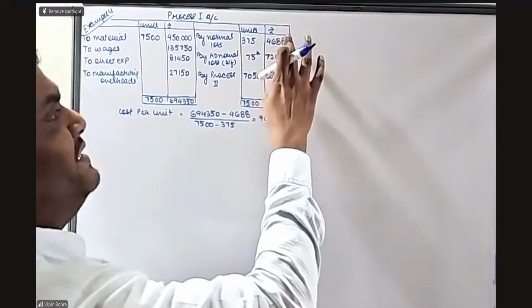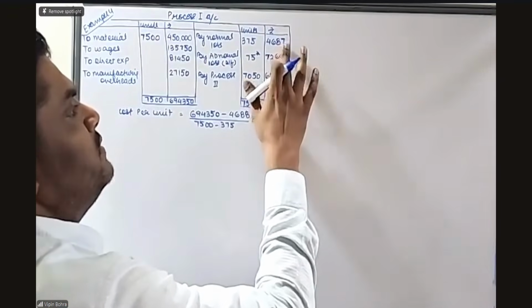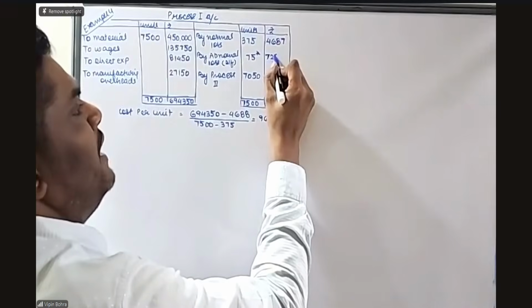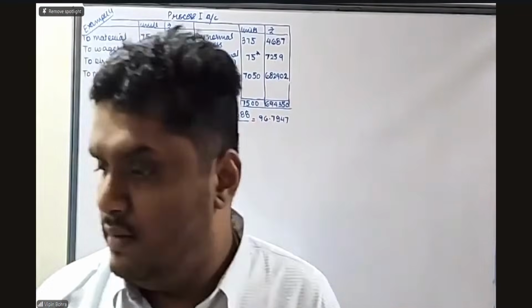If we take it as 4687, this will be 7259. Both the answers are correct. There can be a rounding difference.